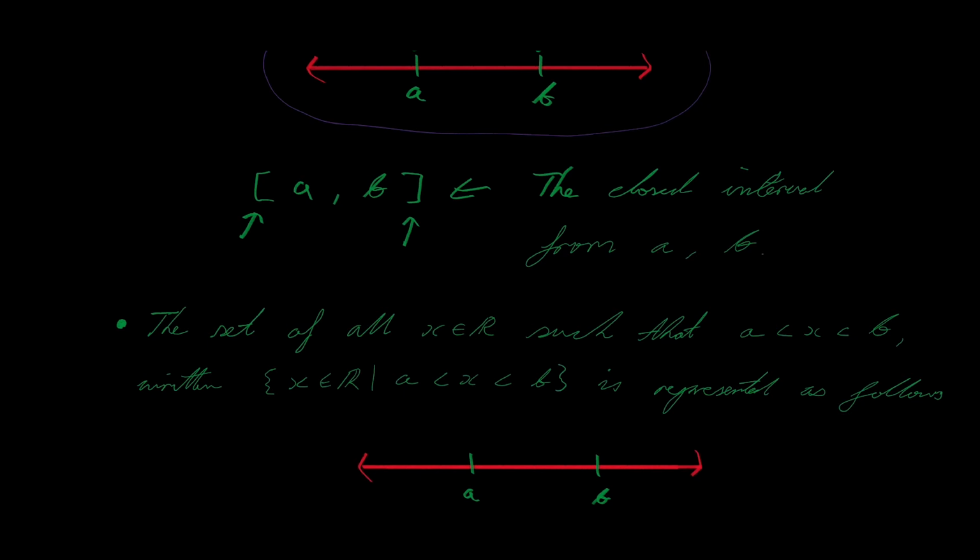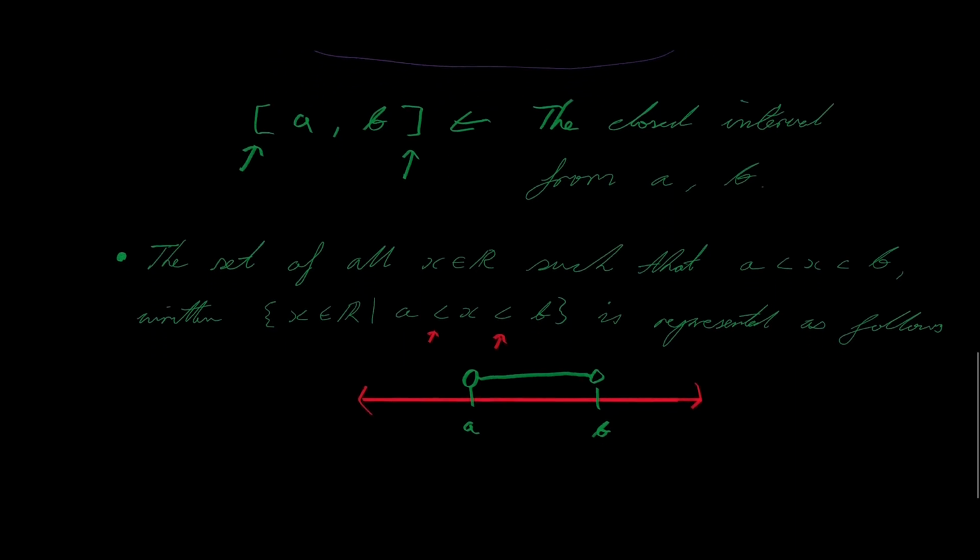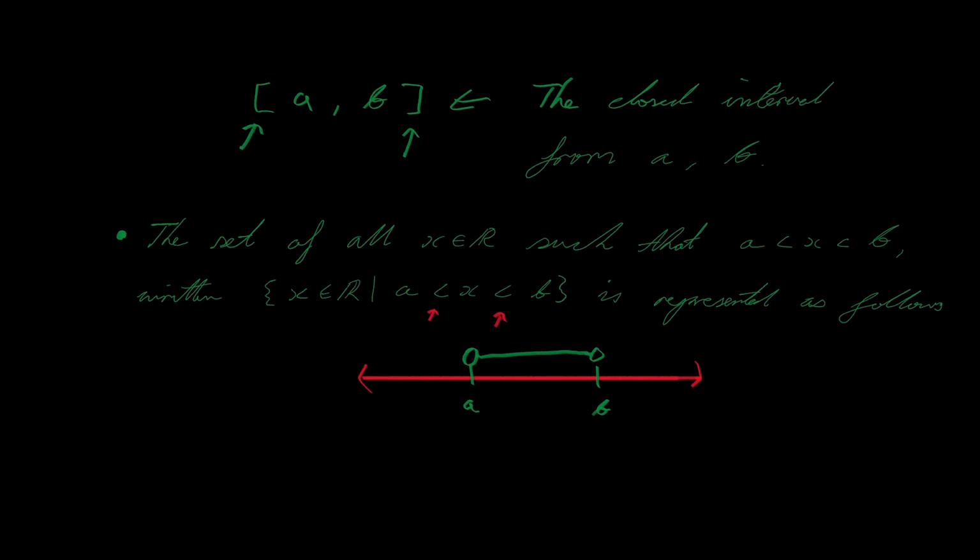And this is an open interval. So we would draw these circles at A and B, and we would connect them like this. Now you see here, because these are strict inequalities, so A is strictly less than x, which is strictly less than B, we don't shade in those circles at the endpoints of A and B. We leave them open. So this is an open interval, and in interval notation, that is written like this.